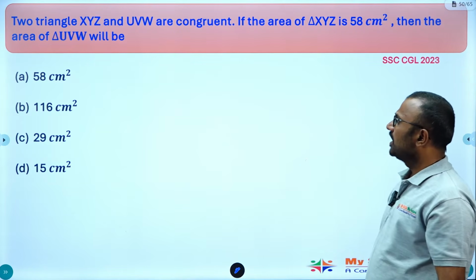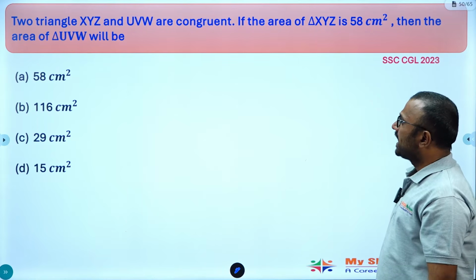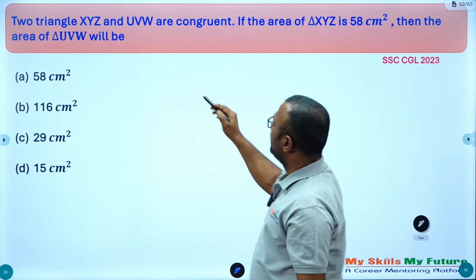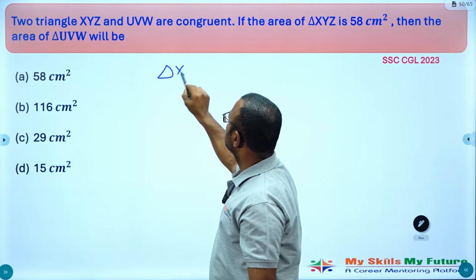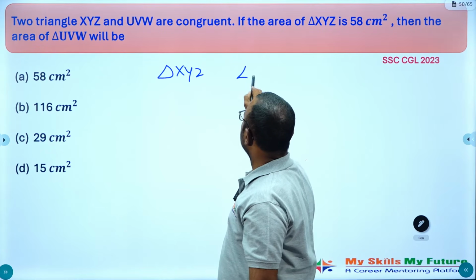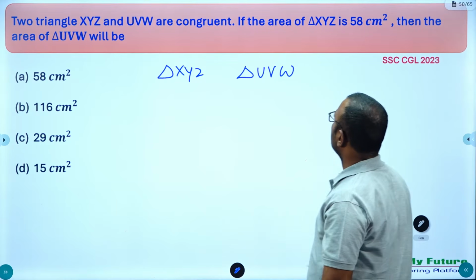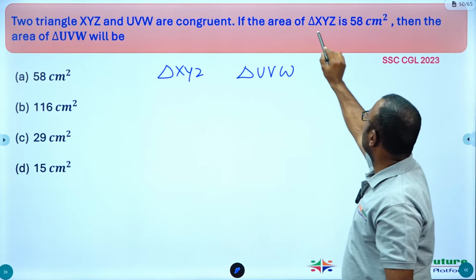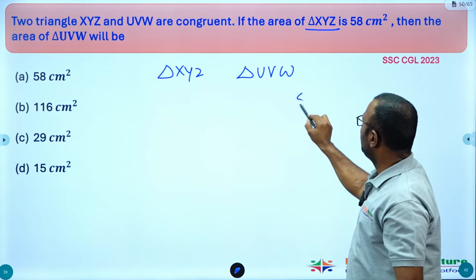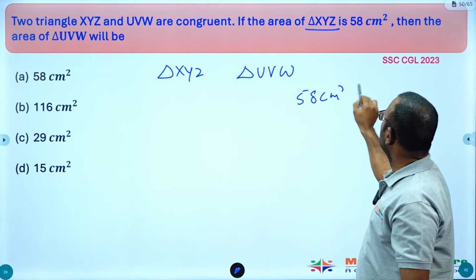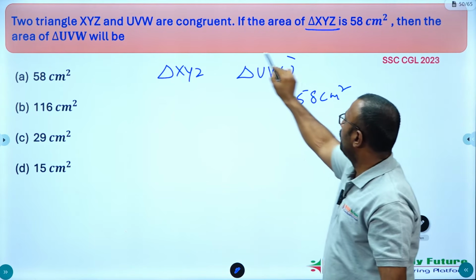Next, see the question. Two triangles XYZ and UVW are congruent. If the area of triangle XYZ is 58 centimeter square, then what is the area of UVW?